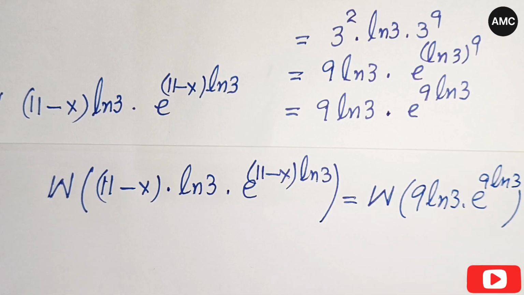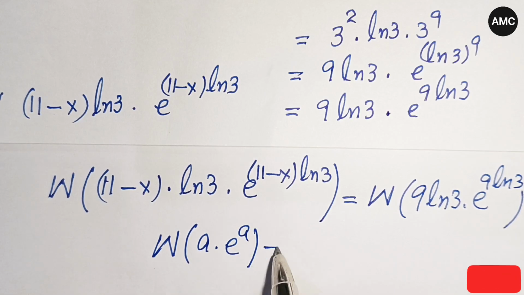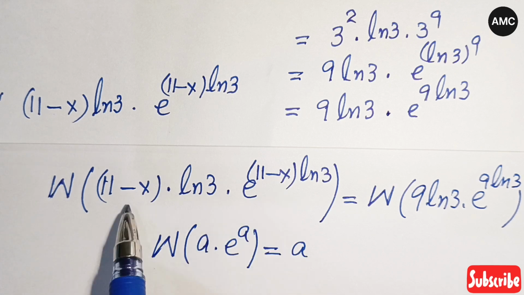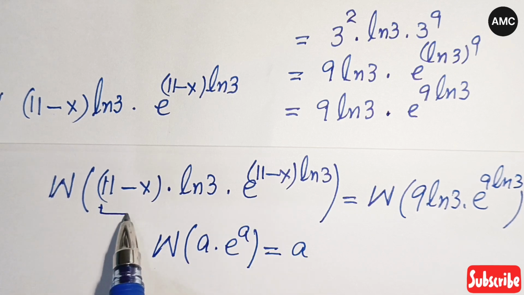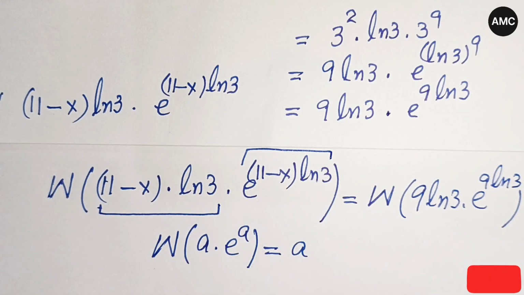So we have just used the Lambert W function. According to the Lambert W function, Lambert W of a times e to the power a will be equal to a. Here we see that this coefficient and this exponent are the same, so it will be equal to a. Applying the same law here, we see that this 11 minus x times natural log of 3 and this exponent are the same.